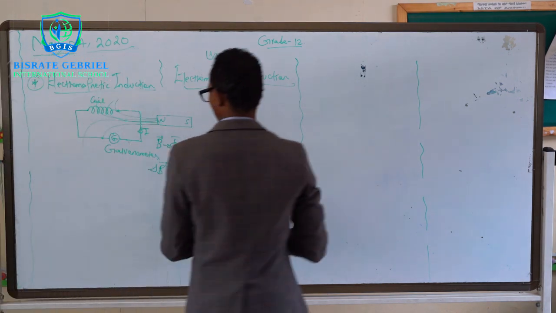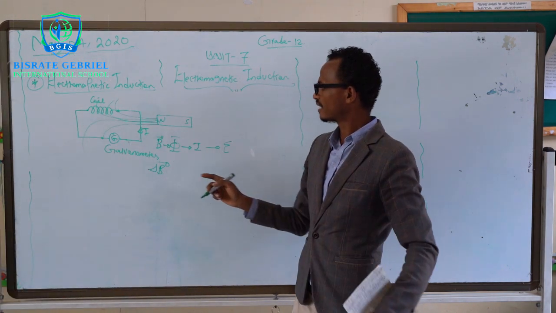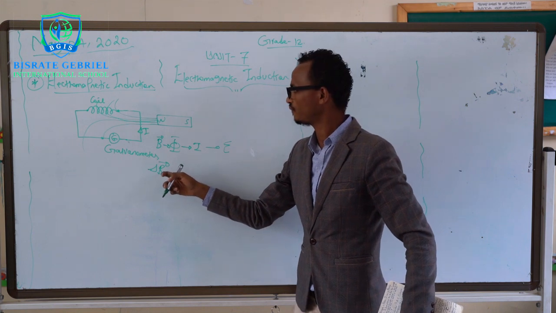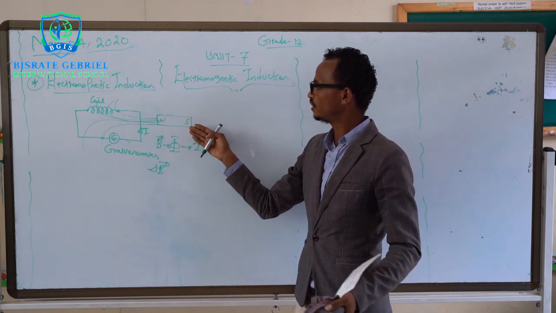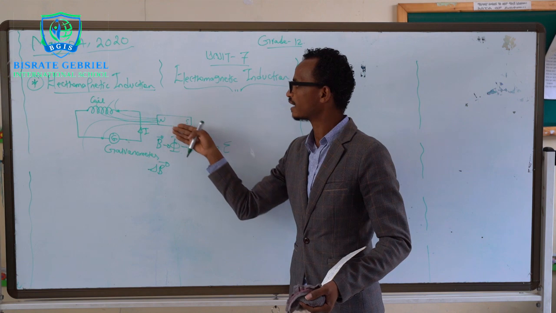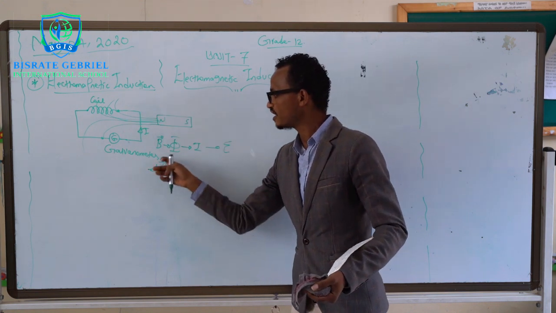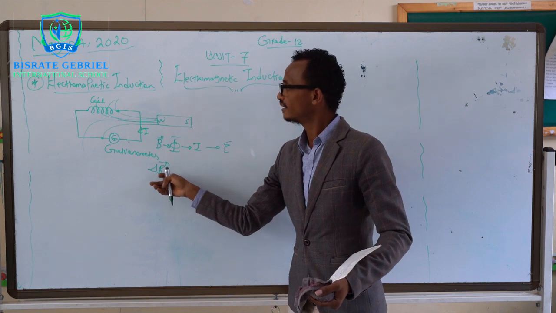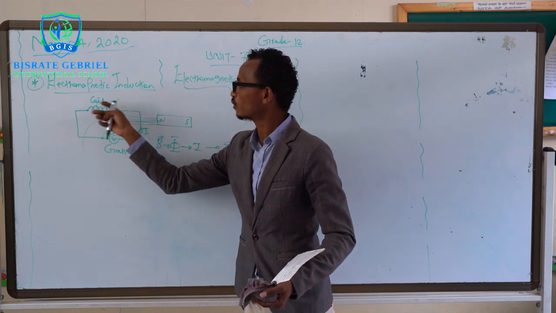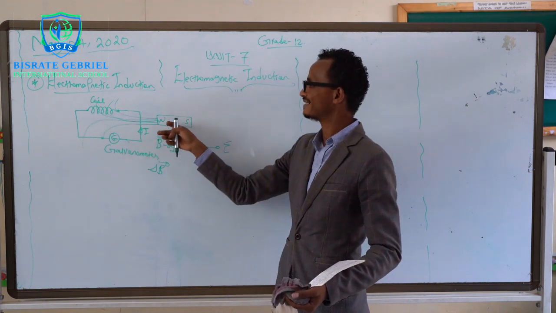What's the reason that we get a change in magnetic field? Due to a movement of the magnet towards the coil, or due to a movement of the coil of wire or circuit towards the magnet.